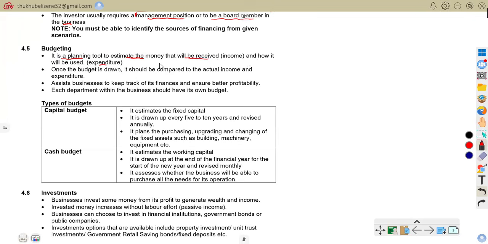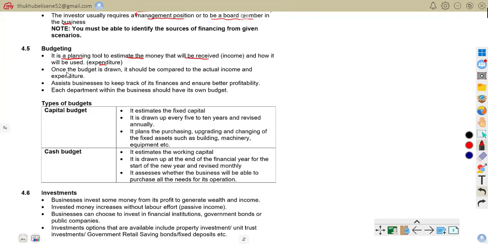So it means that budgeting is a plan that estimates how much money the business will receive, which is income, and how it will be spent. That is expenses. For example, a business plans to earn 50,000 and spend 30,000 next month.